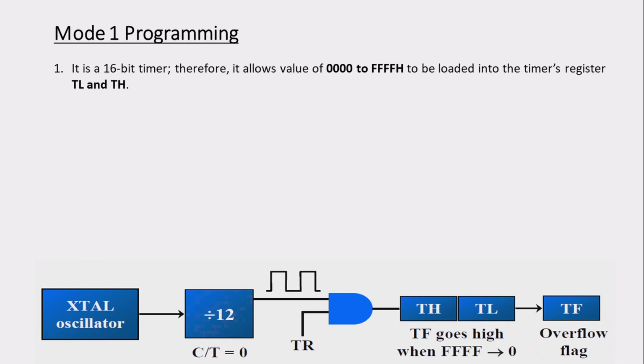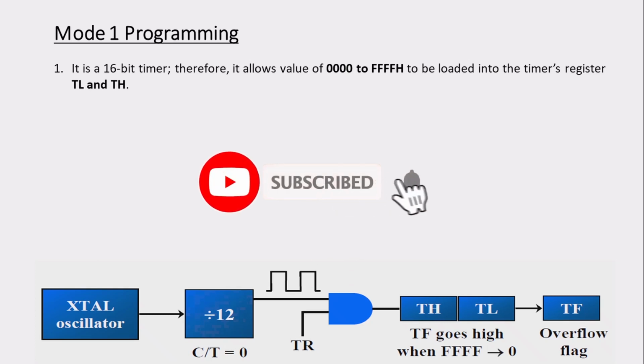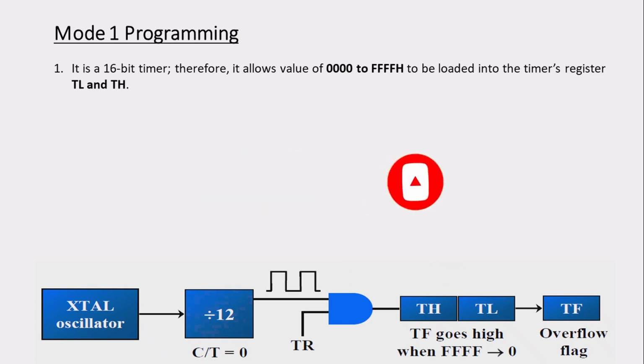If we look at the 16-bit timer, the values which can be loaded into those timers will vary from 0000 hexa to FFFF hexa, and these values will be divided into two different 8-bit values, and then those 8-bit values will be loaded into the timer lower byte and the timer higher byte, that is our TL register and TH register.